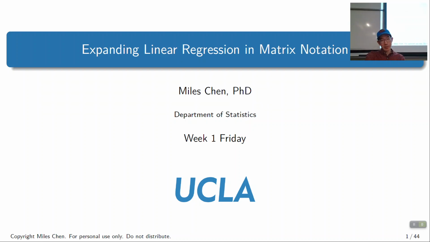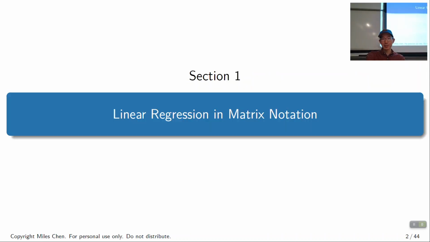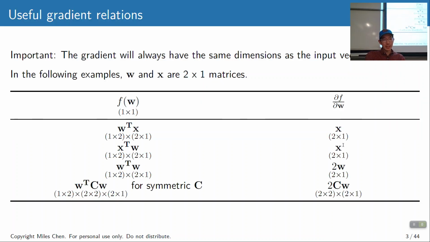I wrote expanding linear regression and matrix notation. So on Wednesday we used matrix notation, and we worked out the solution for ordinary least squares regression. We said we've got this matrix of weights, and for linear regression those weights are just the intercept and the slope.